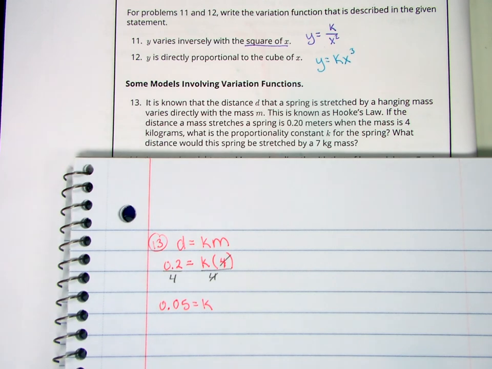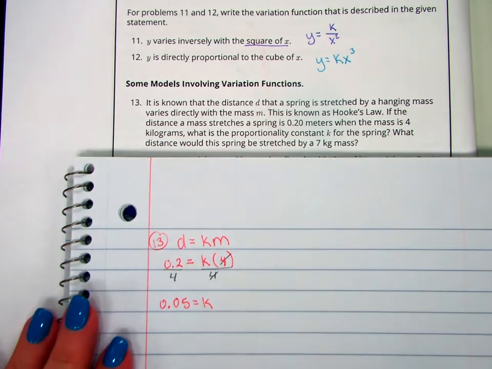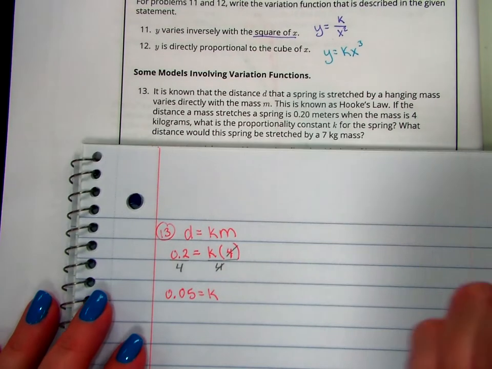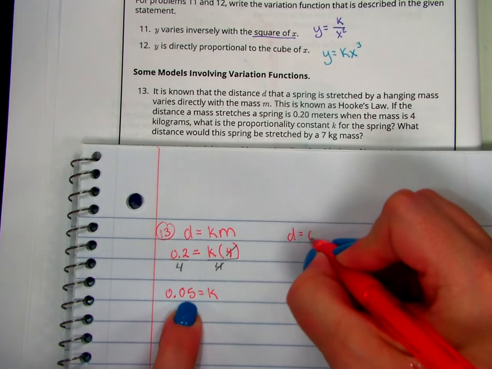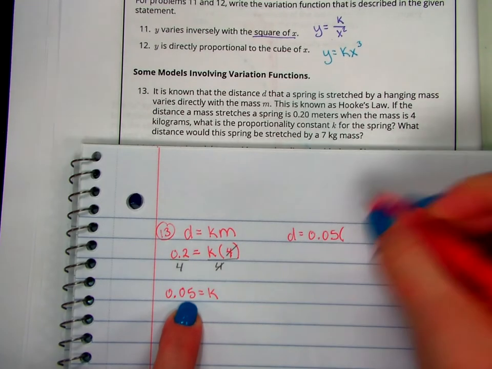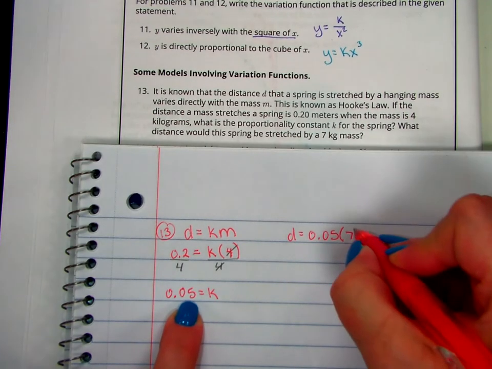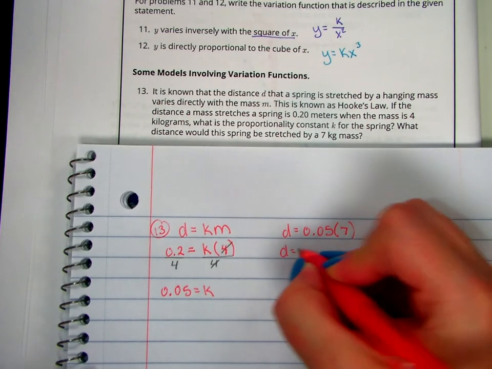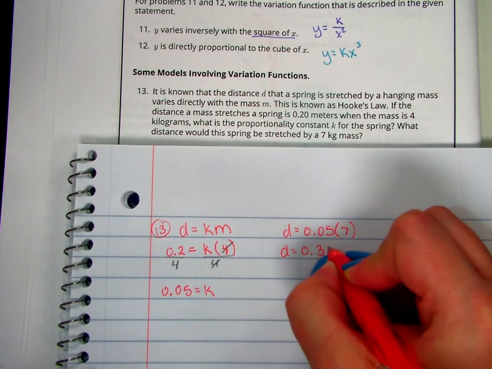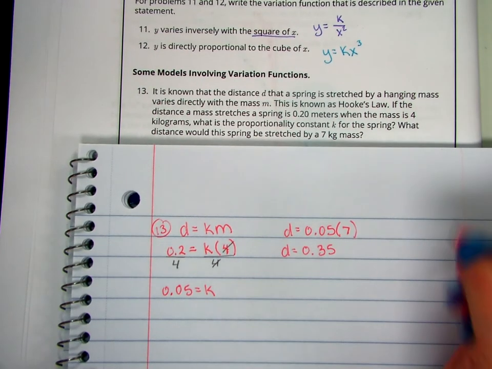Now it says, what distance would this spring be stretched by a 7 kilogram mass? Okay, so now I want to know what distance when I have a constant of 0.05 and a mass that's 7 kilograms. Yeah, so now you just solved that, right? I do 0.05 times 7. Well, 7 times 5 is 35. Move your decimal over 2.